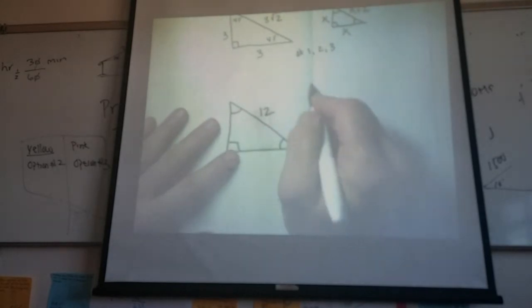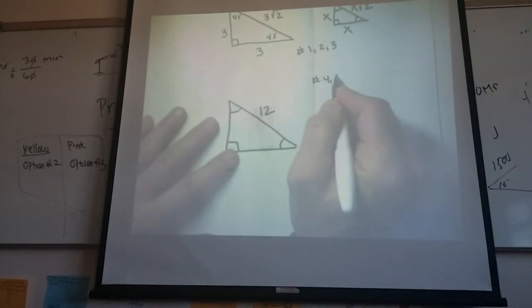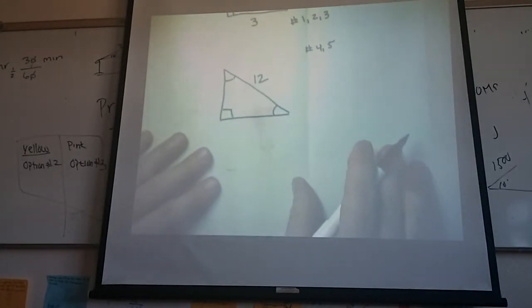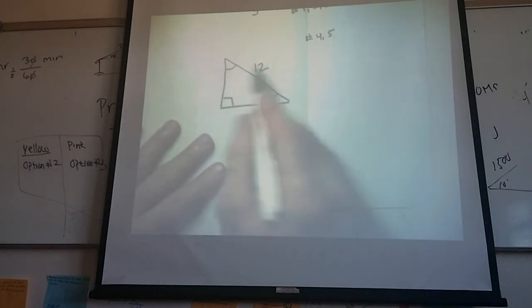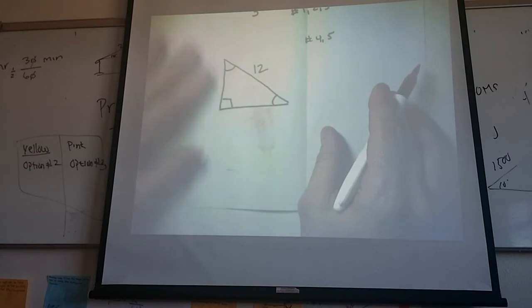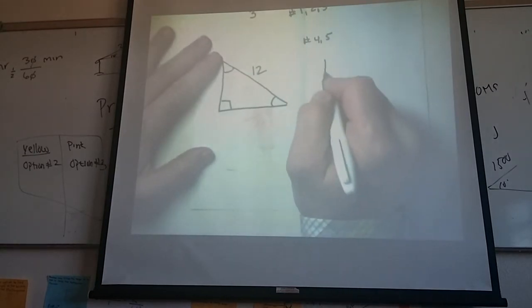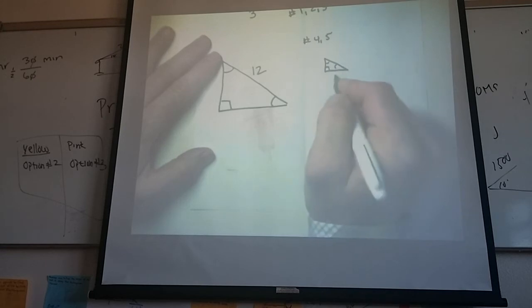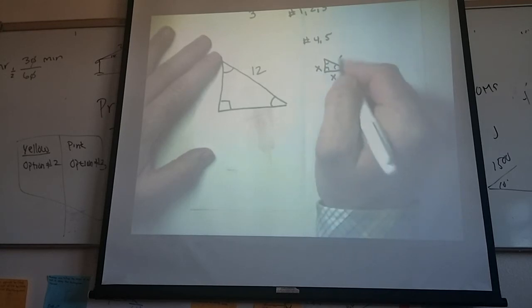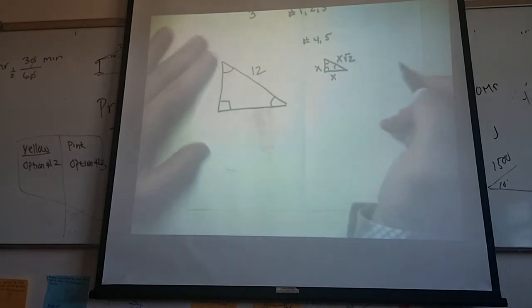Now, for number 4 and 5, it's a little more difficult, because here we're not given the small side, we're given the hypotenuse, which is the bigger side. If we remember, on a 45, 45, 90 triangle, this is an x, and this is x square root of 2.